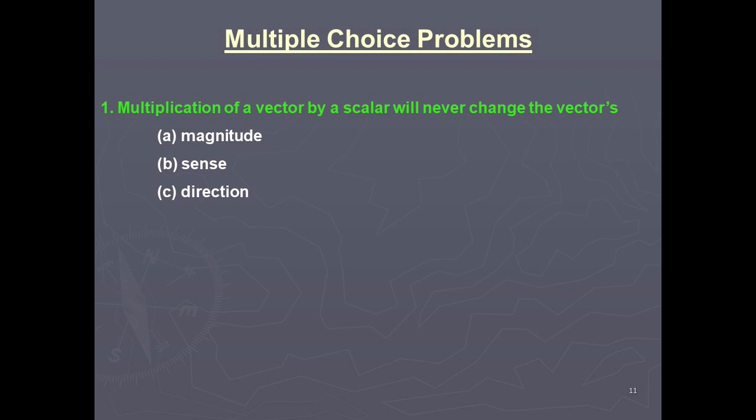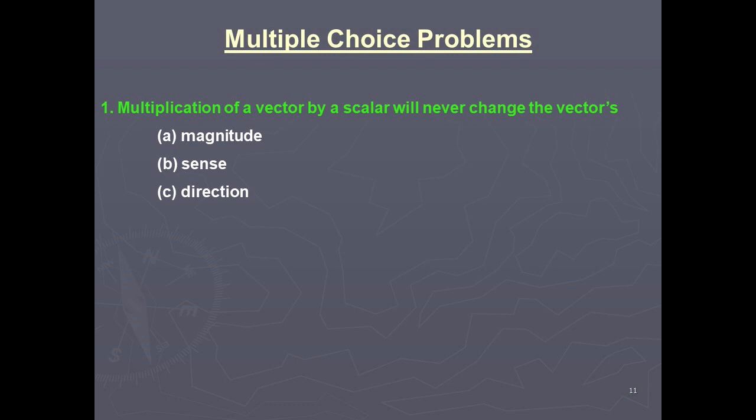Very simple. Sense. Multiplication of a vector by a scalar will never change the vector's sense. Direction, sense. So some are for sense, some are for direction.